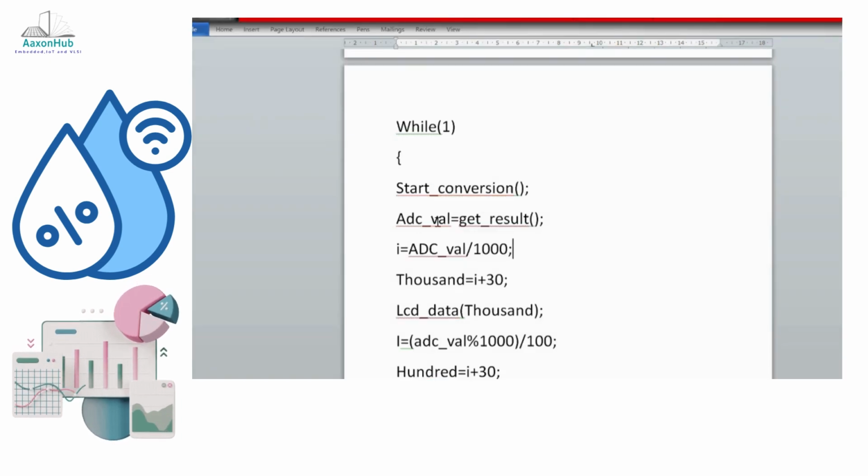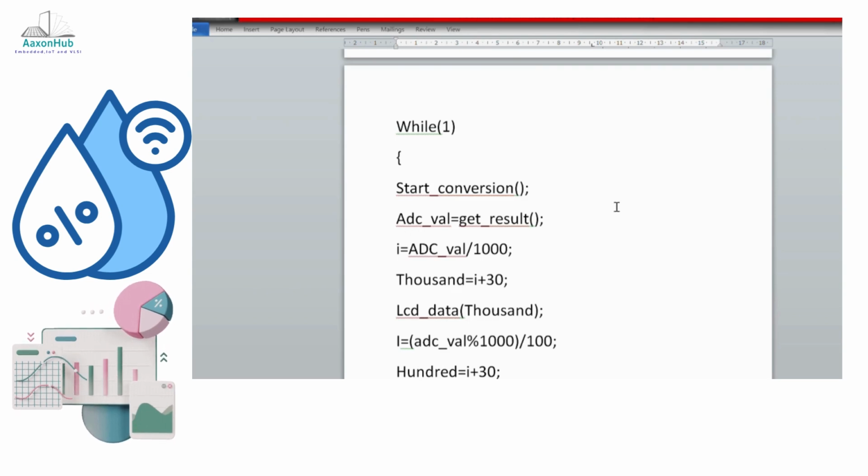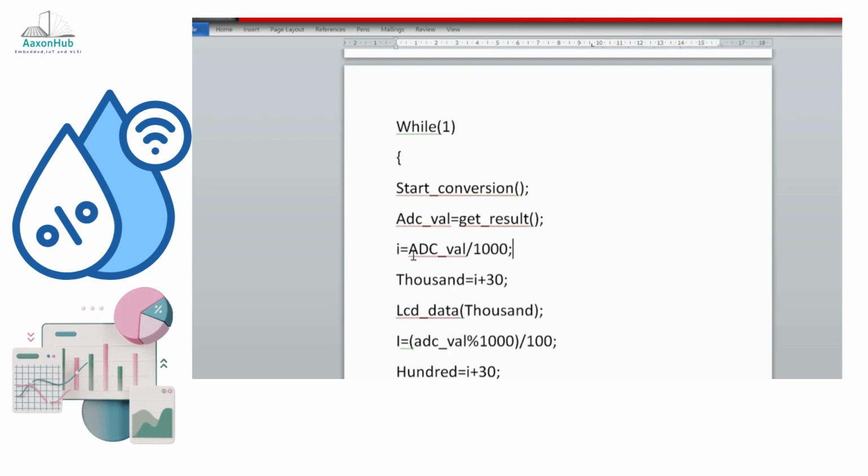Now, as we want to display this result on the LCD, we need to convert that data into ASCII format, because whenever you give any data to be printed on the LCD, it needs to be in ASCII format. For that purpose, we'll assume we want to print a 4-digit number. That's why we divide the ADC value by 1000. The remainder after this goes into the I variable.